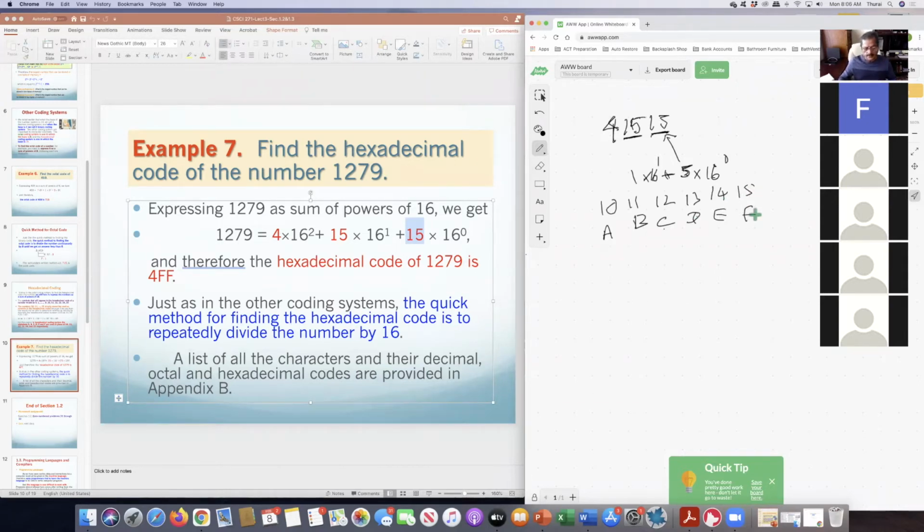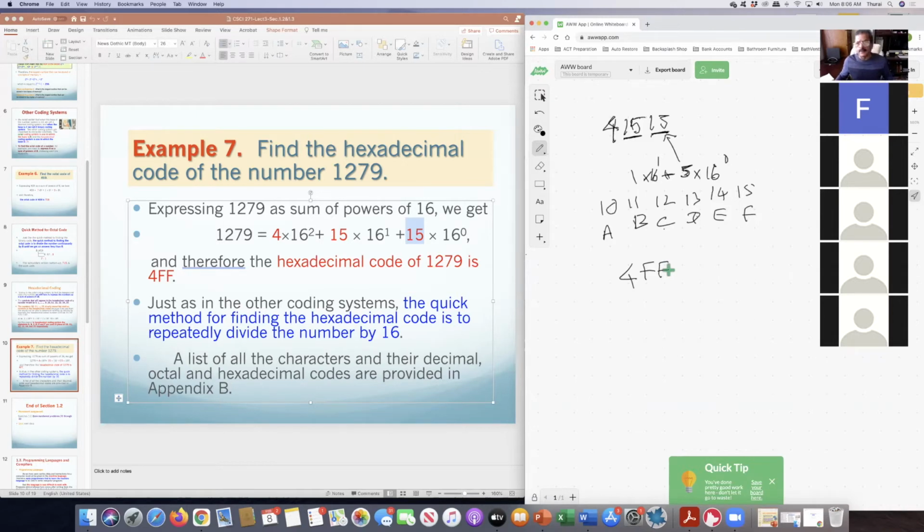So in the hexadecimal coding system, the number will be written using numbers and uppercase letters. So this 4, 15, 15 that we just figured out, the hexadecimal code of 1279, will actually be written as 4FF. So hexadecimal codes have alphabets in them.